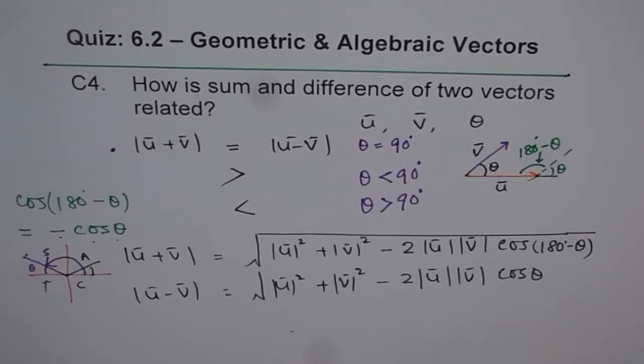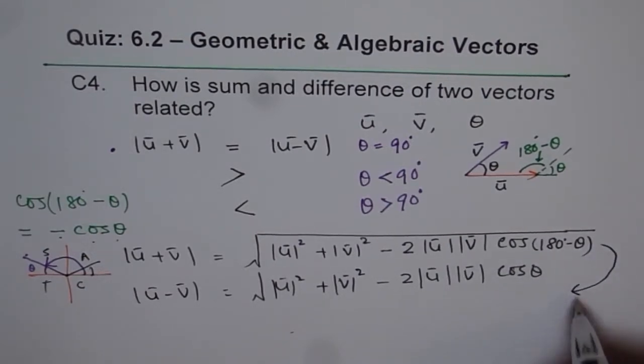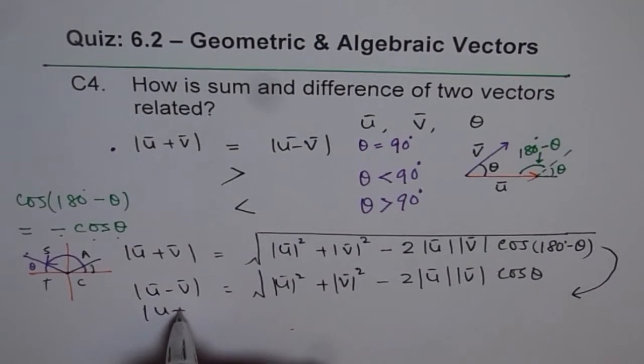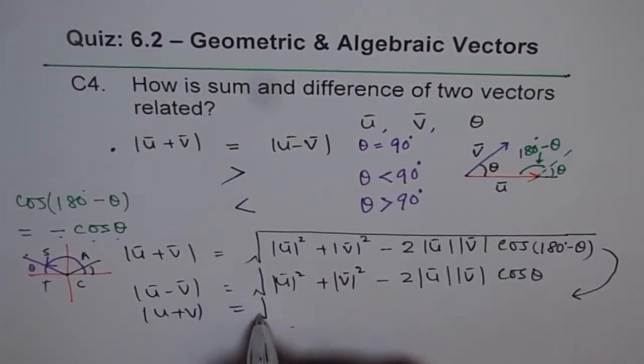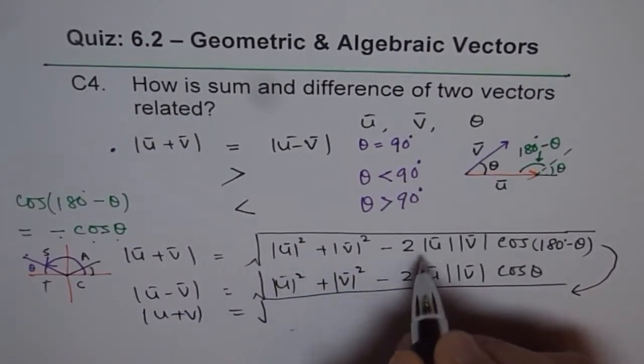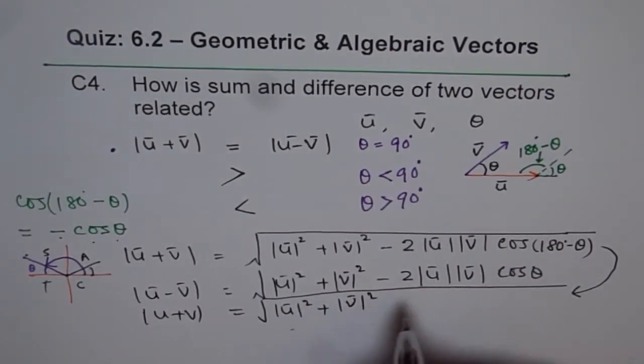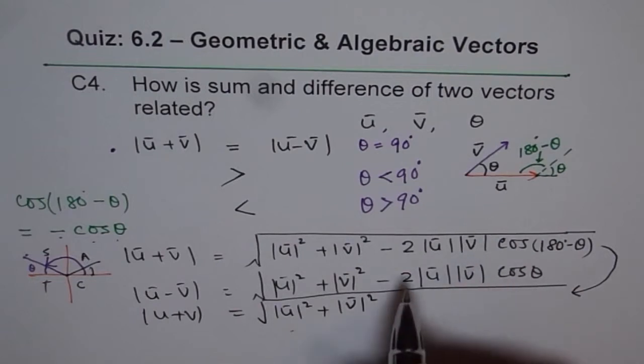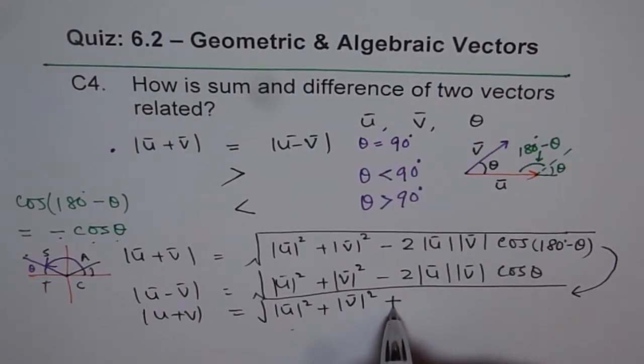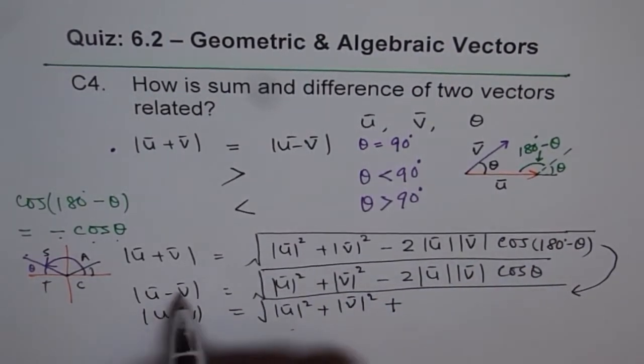Therefore, I can write this equation as u plus v equals the square root of u square plus v square, but when it is minus, it becomes plus here. Let me draw this line also for u minus v.